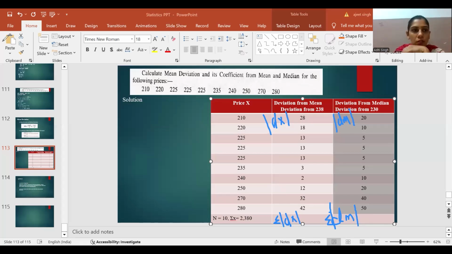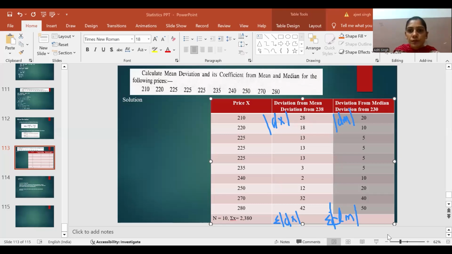So let's first do the sum of deviation from mean. It is basically 28 plus 18 plus 13 plus 13, again 13, after that 3, 2 plus 12 plus 32 plus 42. So it is 176.